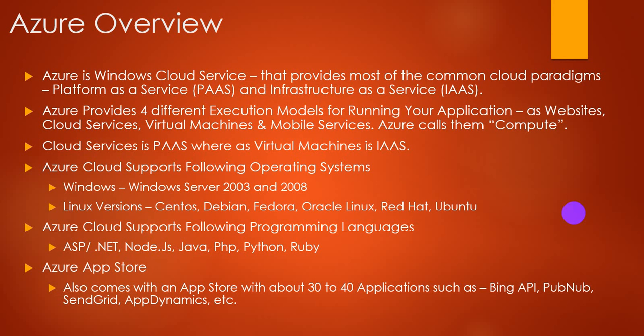Azure allows you to run your application using 4 different execution models. These are websites, cloud services, virtual machines, and mobile services. For example, cloud services is platform as a service, whereas virtual machines is infrastructure as a service.